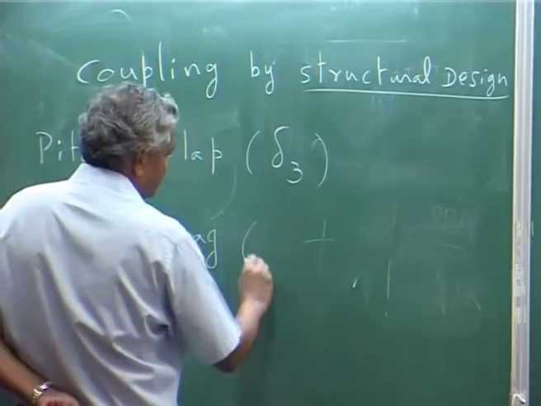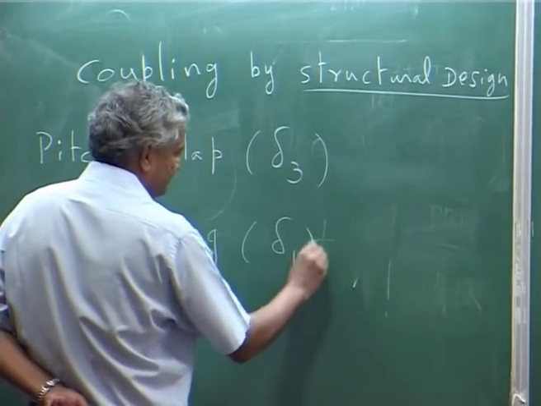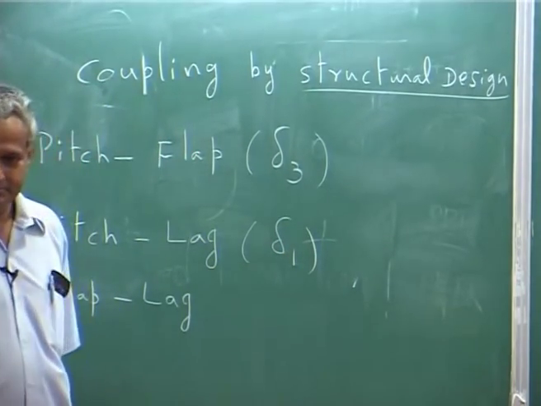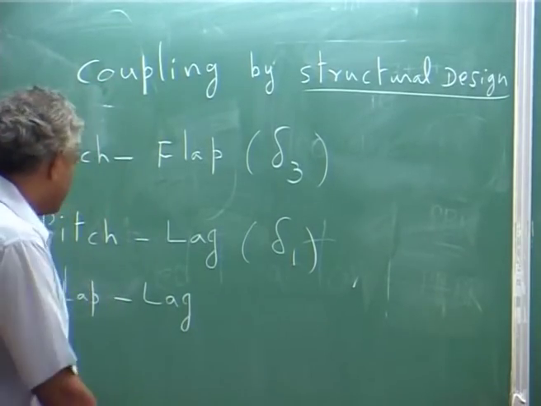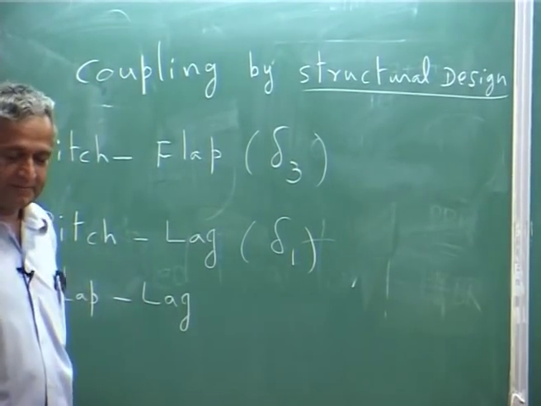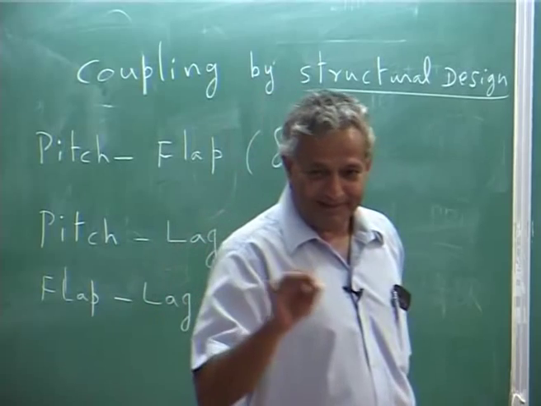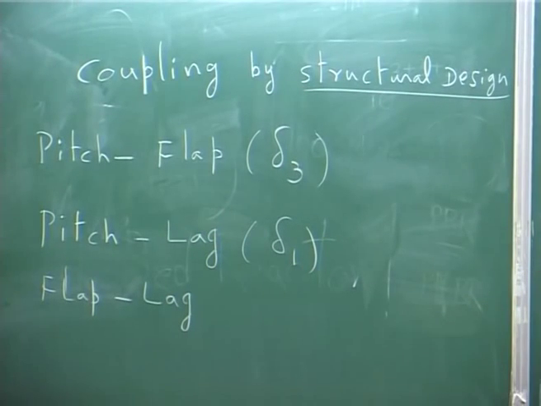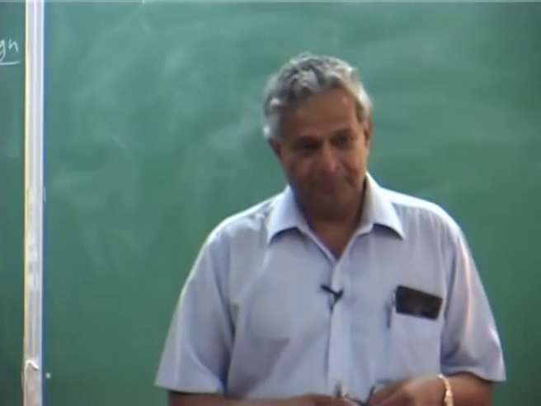So, this they call delta 1. And of course, flap lag coupling has no symbol attached to it, it is just a structural coupling, and how that comes I will explain. So, these are 3, and these couplings are very powerful couplings, in the sense they alter the dynamics of the blade, frequency wise as well as stability wise.